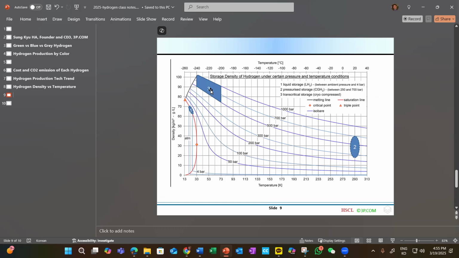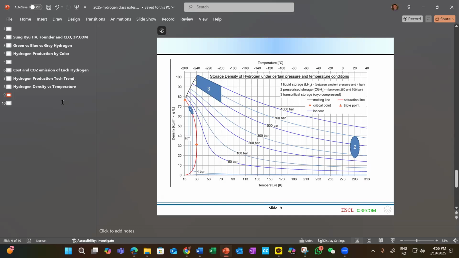Okay, sorry, 3 is transcritical storage. So the cryogenic can be also here as well, 500, a little lower. Here are the current technologies.